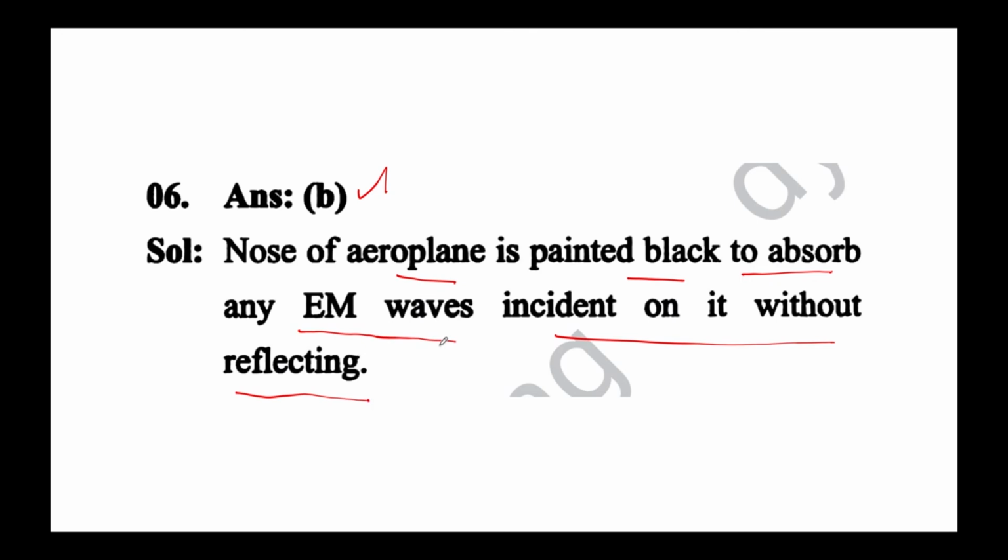In order to absorb all the electromagnetic waves falling on it, the nose of the aeroplane has been painted black, because you know that a black body is a perfect absorber, right? So the tip of the aeroplane has been painted black.